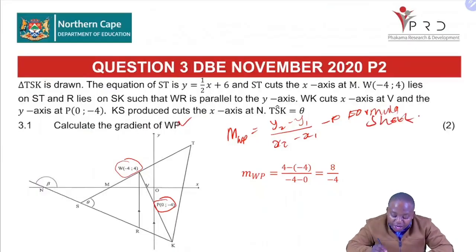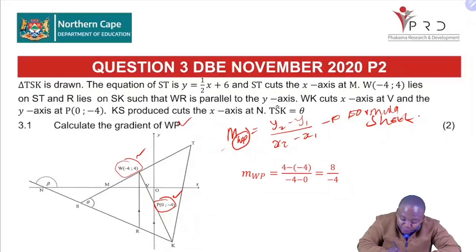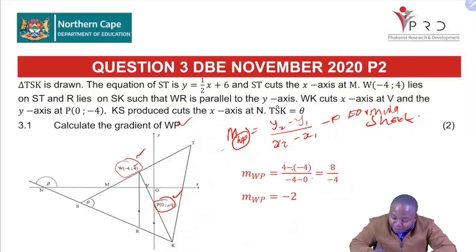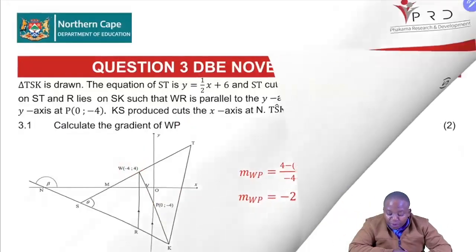Then we substitute in the coordinates of W and P. Starting with W: 4 minus the y-coordinate of P, which is -4, all over the x-coordinate of W, which is -4, minus the x-coordinate of P, which is 0. Then m_WP equals 8 over -4, and 8 divided by -4 becomes -2. That is the gradient of WP.